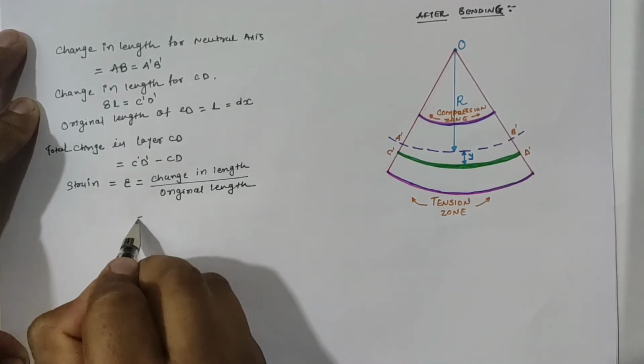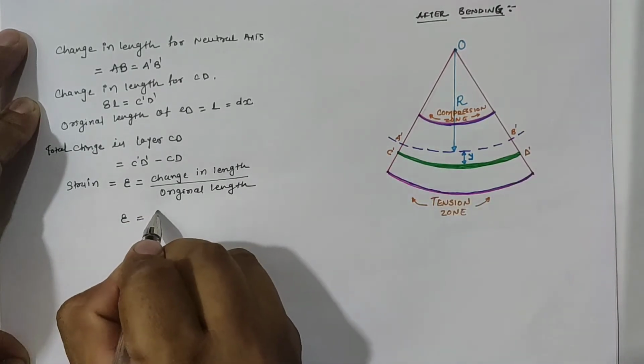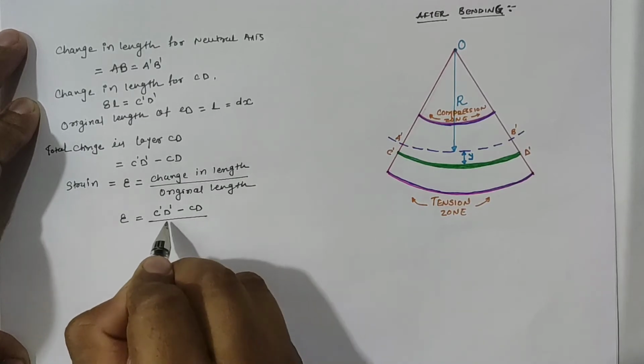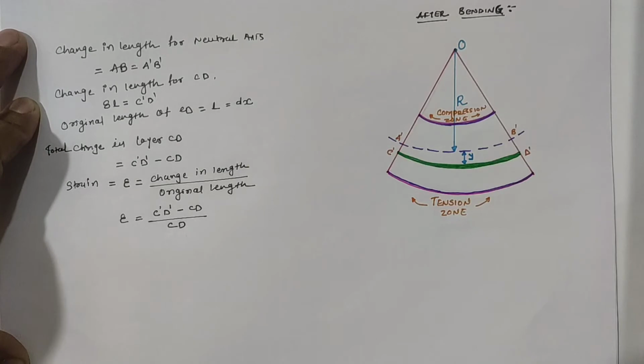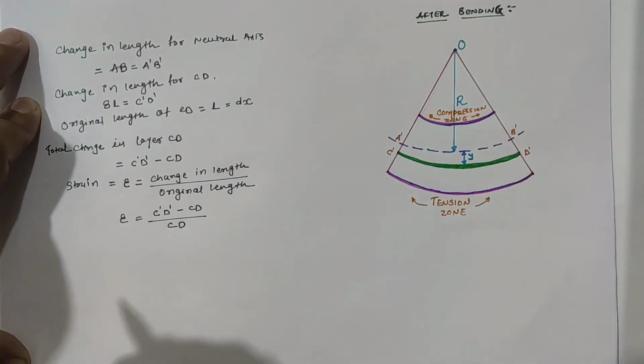So our change in length is c dash d dash minus CD as original length, divided by CD. So we have to calculate first the strain value according to the layers c dash d dash and CD at distance y from the neutral axis.